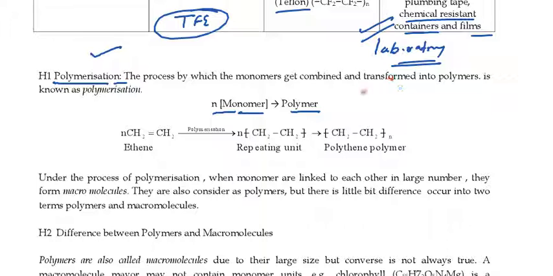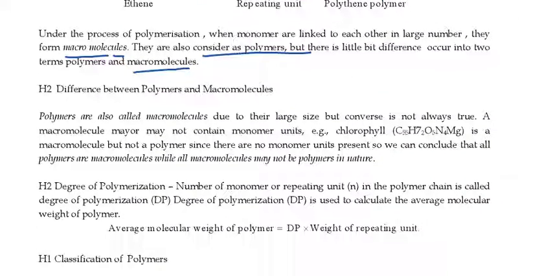In that case, one more term sometimes used is macromolecule. Macromolecule and polymer are different terms, because a macromolecule means a bigger molecule. Sometimes both are considered the same, and there is very little difference in the terms.